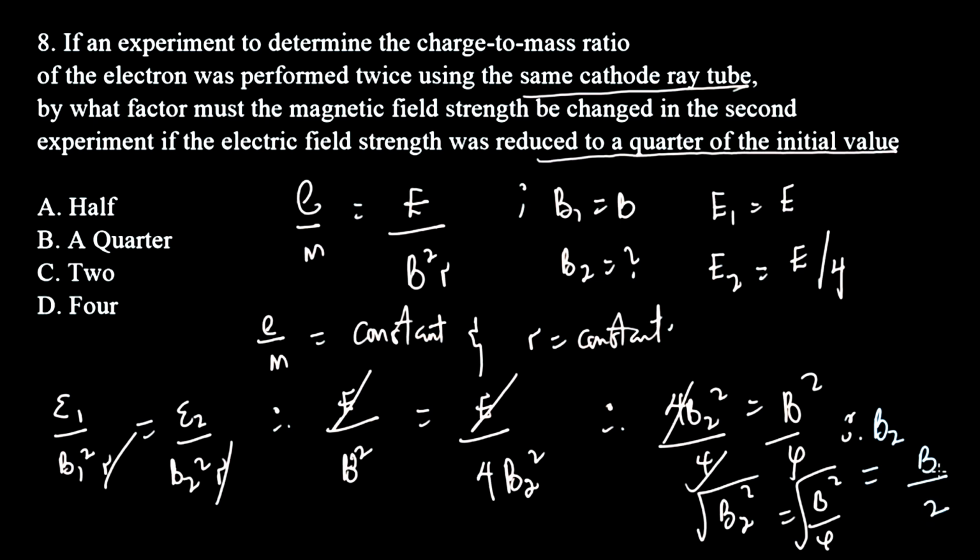So the initial magnetic field strength is reduced by half. This is the final answer.